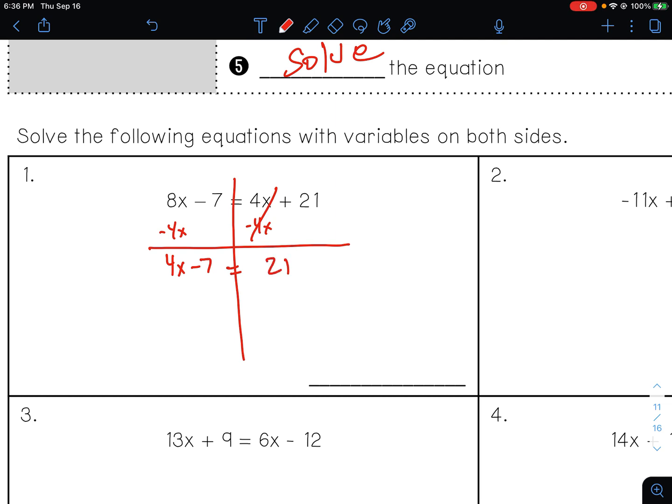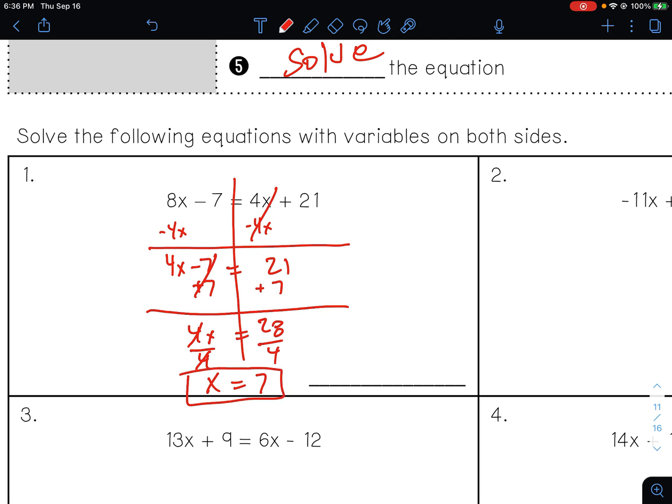Now that I have this, it looks like a two-step equation. I just add 7 to both sides. Cancel that out. That equals 28. This equals 4. Bring down the 4x, divide by 4. That cancels, divide by 4. You end up with x equals 7.